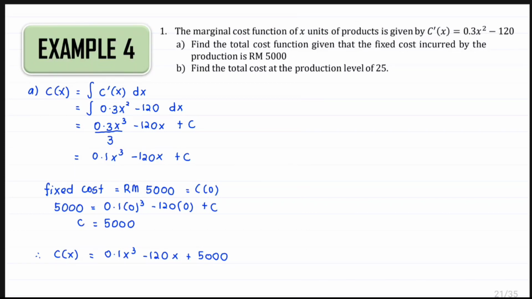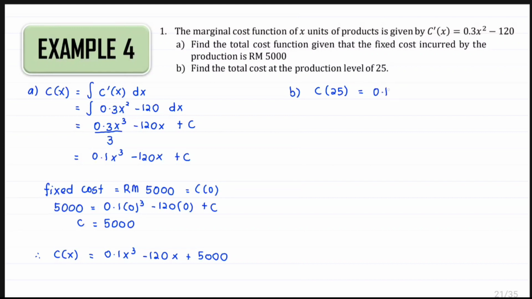Question B, we want to find the total cost at the production level of 25. Level of production refers to the value of x. So we want to find cost at x equals 25. Then we substitute 25 into x.